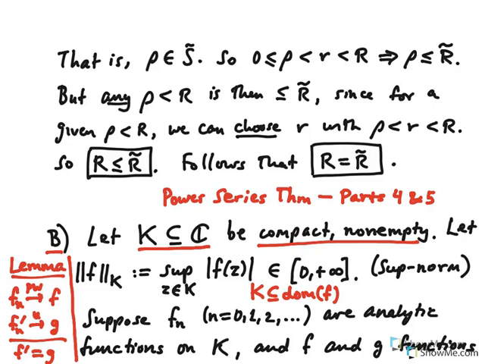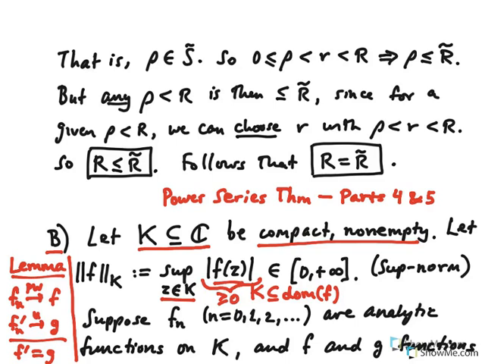And then it makes sense to say that if we allow z to take on every value in K, you can plug those into that function f and take the modulus. The modulus is a non-negative expression, and then you can take the supremum of those non-negative numbers.